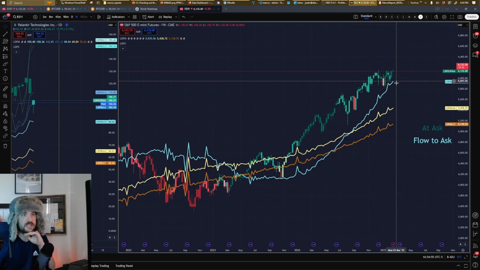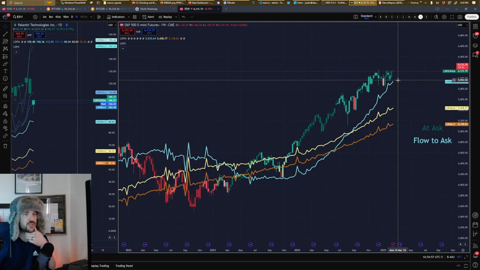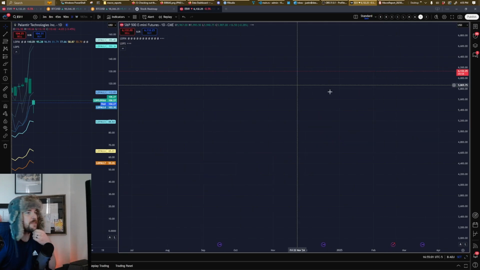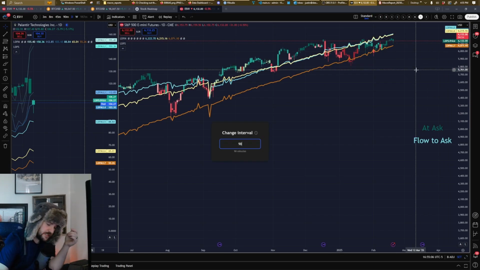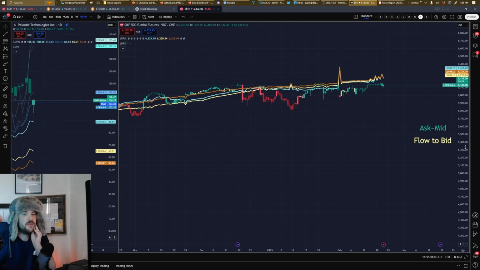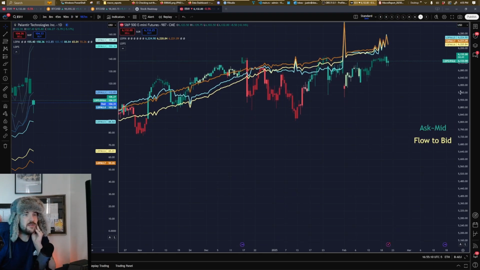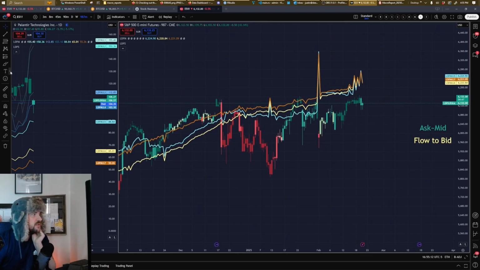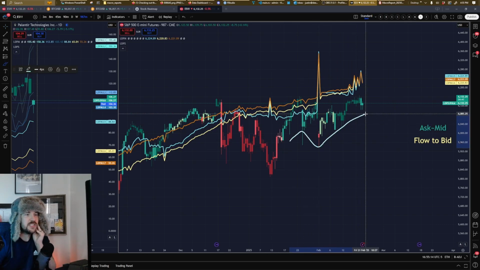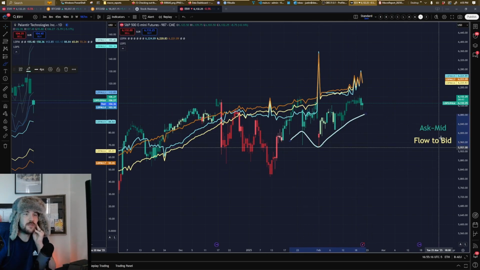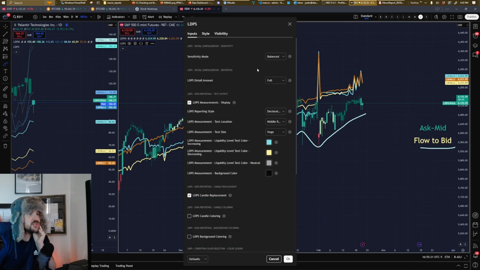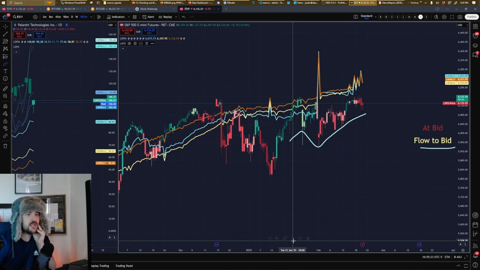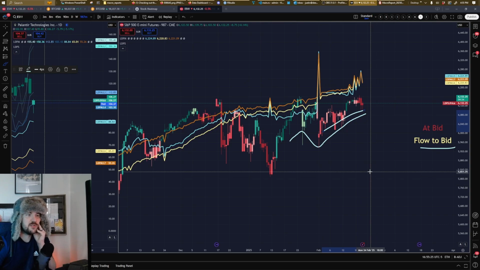With prices stagnating, LDPM's rising. So should we experience a little bit of a dip on the weekly or on the daily? We were at the 987. Well, this is a bull trap nonetheless. In the balanced setting, we can see that things are still technically in the bull trap, but we're still flowing to the bid. The aggressive setting is less likely to tell us about traps. It'll just straight tell us.